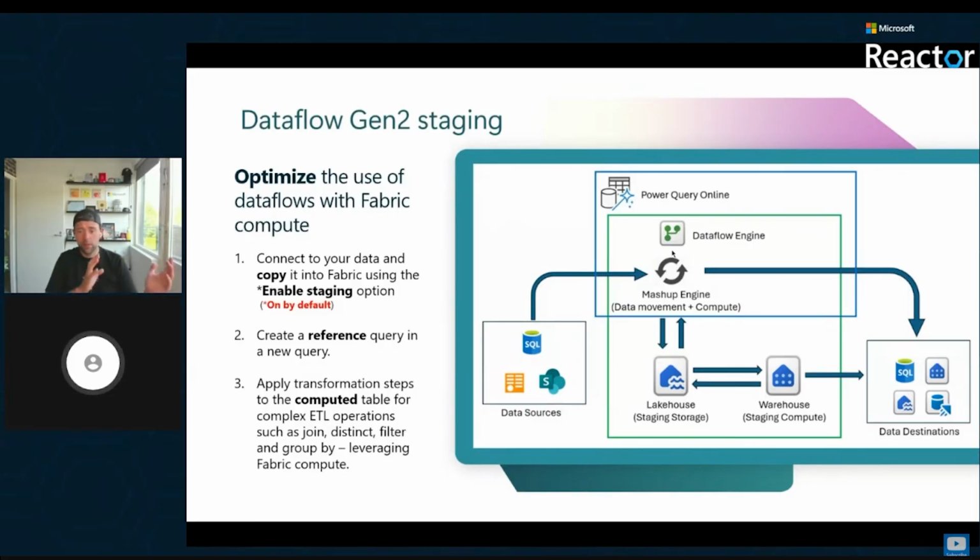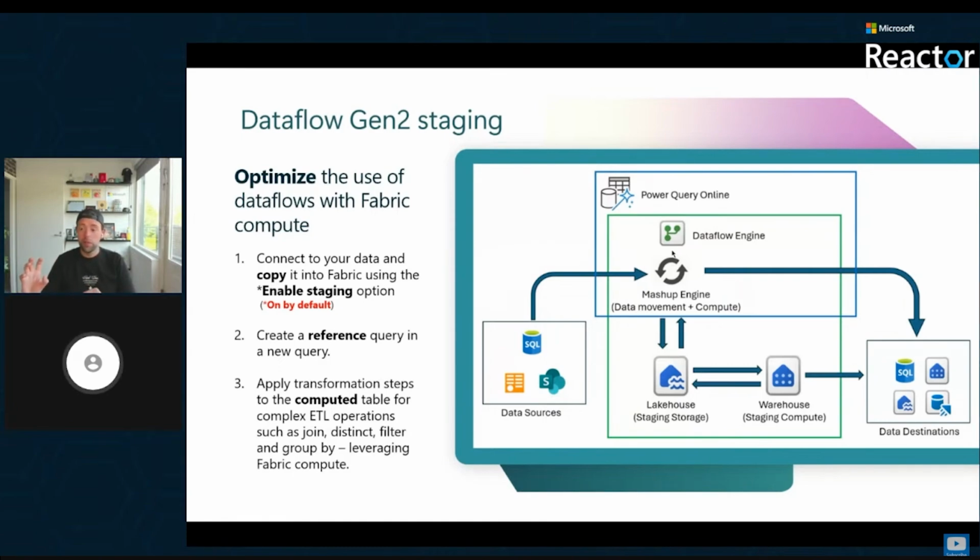On the left-hand side, we're, for example, connecting to a SharePoint site where we have a lot of CSV files of some kind of business process that we are running. Then the mashup engine is basically contacting that data source and putting it into the staging storage. In this staging storage, we now have access to the warehouse staging compute.